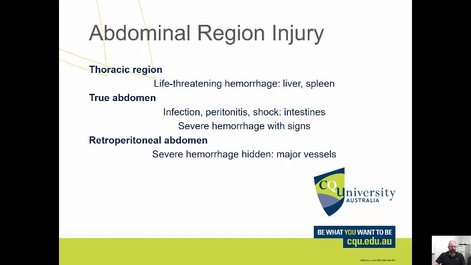Often you'll be able to identify if you have bleeding intestines, and we'll chat about that a little bit later in the next lecture. In the retroperitoneal abdomen, again, severe hemorrhage. We spoke about those major vessels. So you've got the aorta and you've got the inferior vena cava, and then you've also got the kidneys, which are both solid organs, very vascular. If they do get necked, cut, or split, they do tend to bleed a lot.